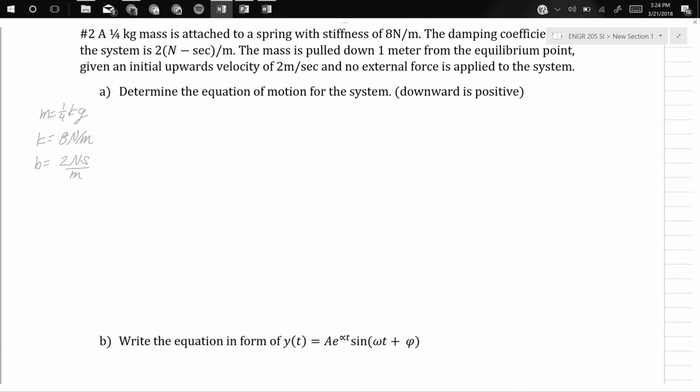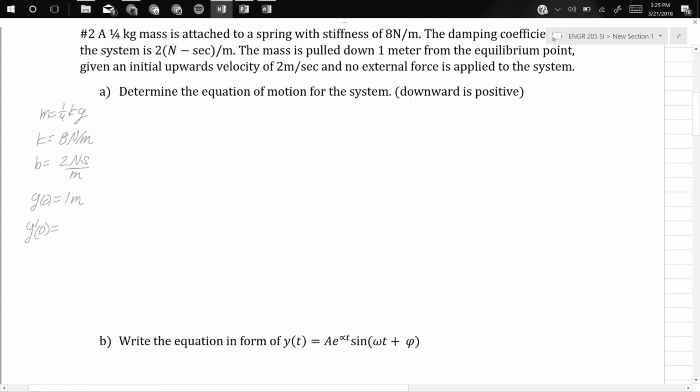Mass is then pulled down 1 meter from the equilibrium point, so that means y equals 1 meter. Or sorry, I probably should say y of 0 since it's the very beginning, equals 1 meter. Given an initial upward velocity, this is going to denote y prime of 0 is upward.